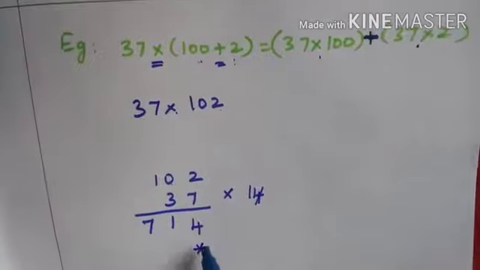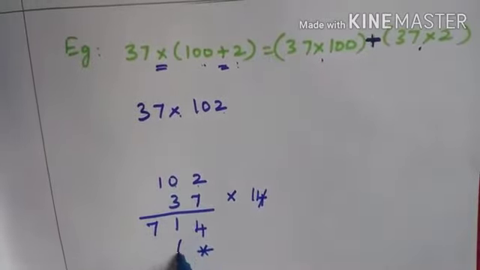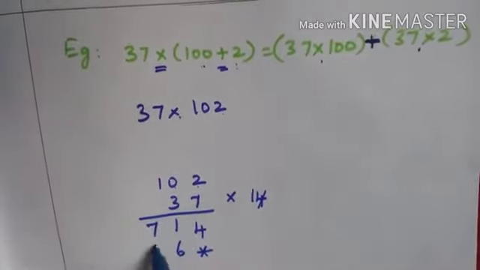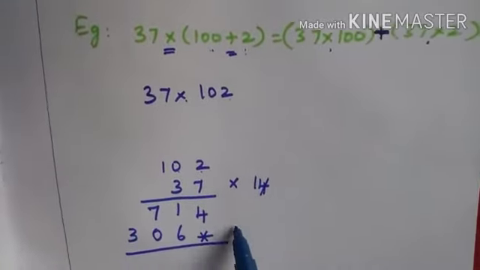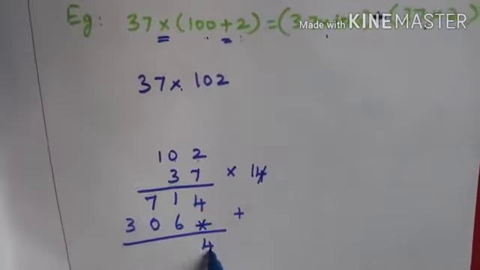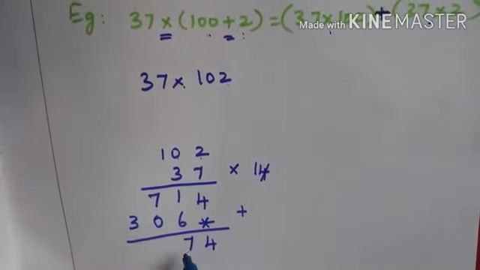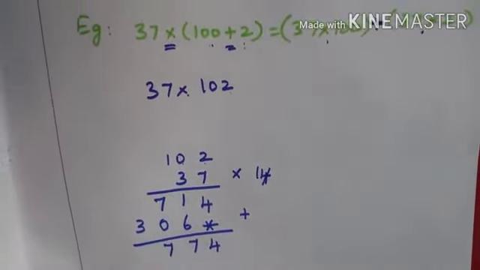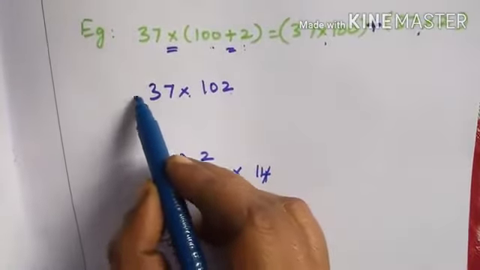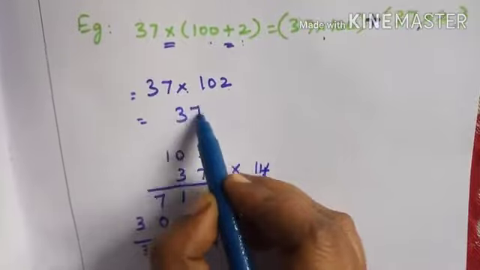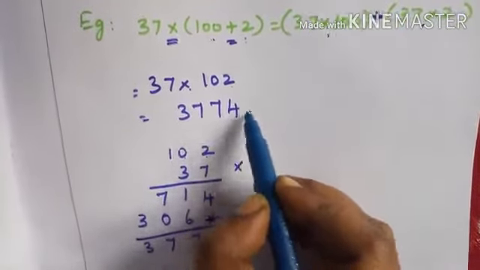Put a star here. 2 3s are what? 6. 0 into 3, 0. 1 3 is what? 3. Therefore, when we are adding here, 4, 1 plus 6, 7, 7 plus 0, 7, 3. So when we are multiplying these two, what are we getting? 3774.